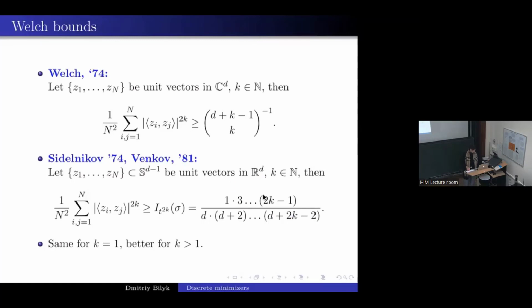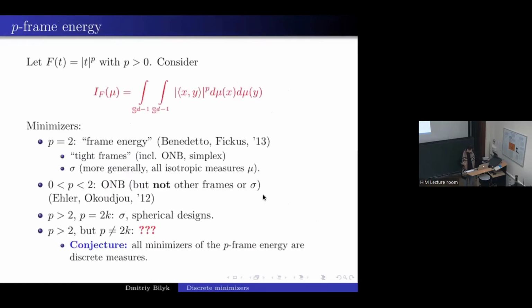Okay, so what happens if you consider an arbitrary power p greater than 0, and you consider the energy integral? There is an interesting thing happening here. Here we have 2, 4.